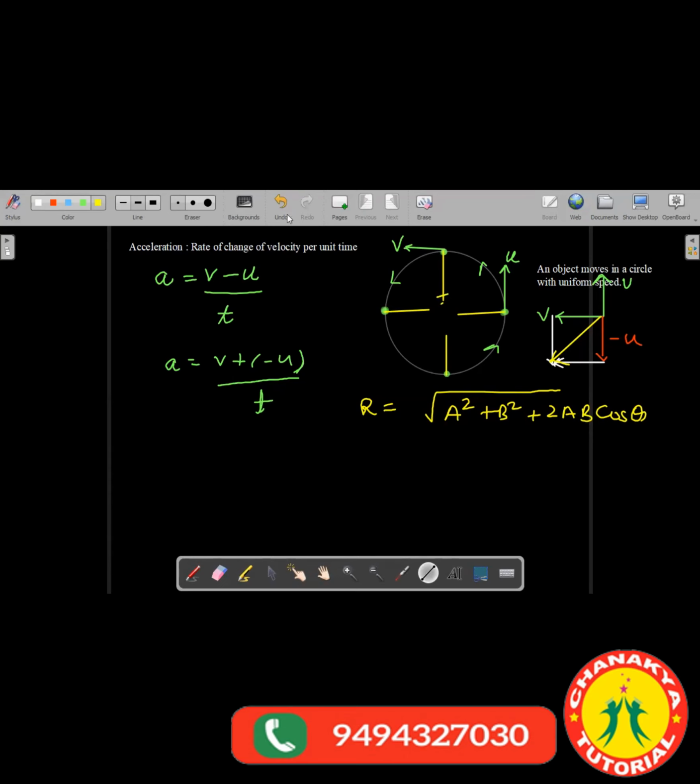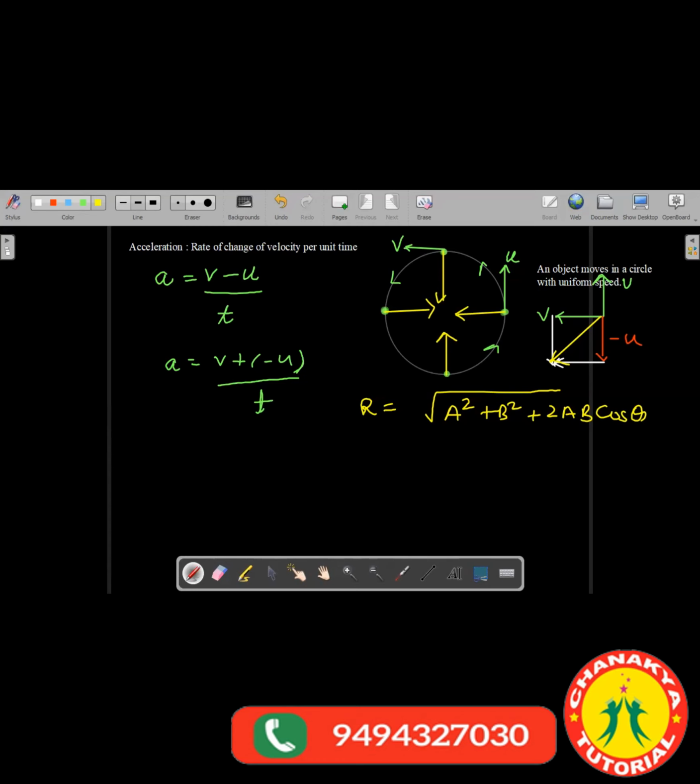So of course the magnitude of acceleration is the same everywhere, but the direction of acceleration is changing. Since the direction of acceleration is changing, we will say that acceleration is changing. Acceleration is also not constant here, since the direction changes at every point, even though it is pointing towards the center.